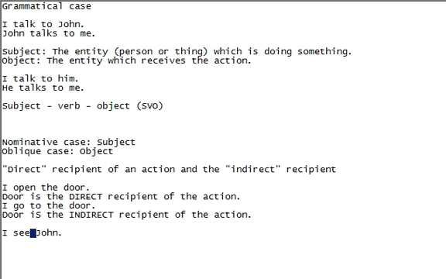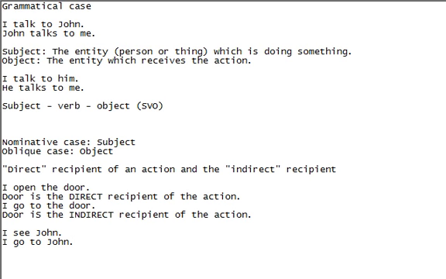So I'm performing an action directly on John. On the other hand, something like "I go to John." I can't say "I go John," but you can say "I go to John," and then he becomes not the direct recipient, but the indirect recipient of the action.